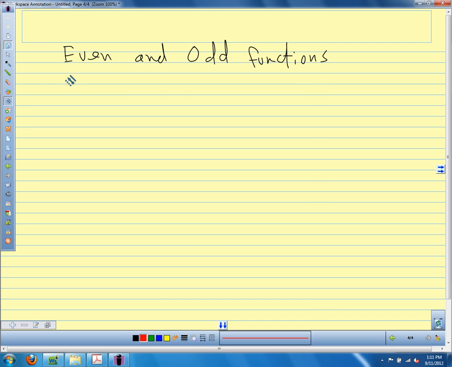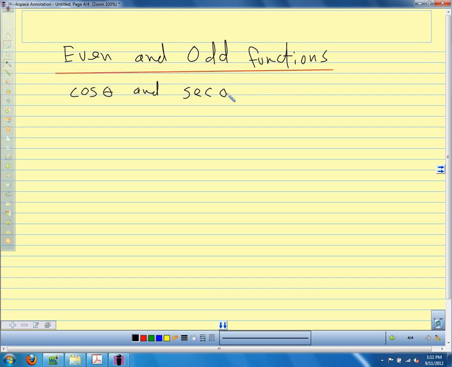Even and odd let us simplify some things that we do with our trig functions. Cosine theta and secant theta are even functions.